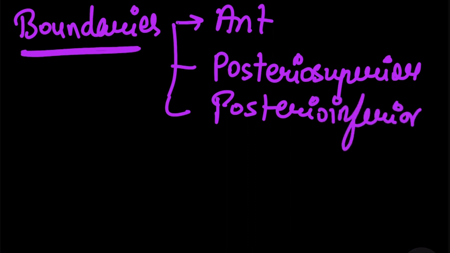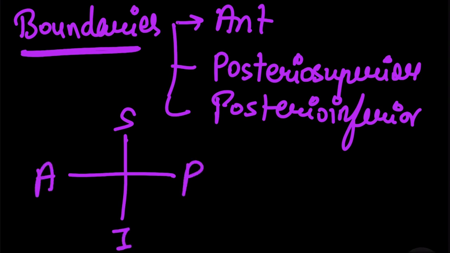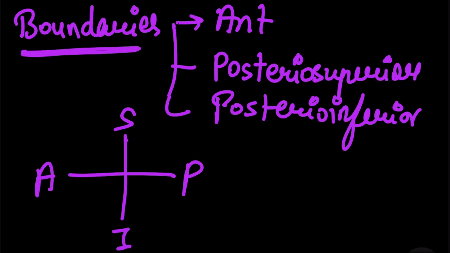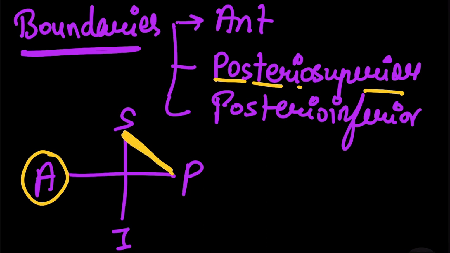So we make a map or a direction, that is superior, inferior, anterior and posterior. If you remember, in the digastric also we have made such a map, and that makes your learning easy. So here how we can learn this part? First we say it has the anterior boundary, then we say it has anterior superior, this boundary, and posterior inferior, this boundary.